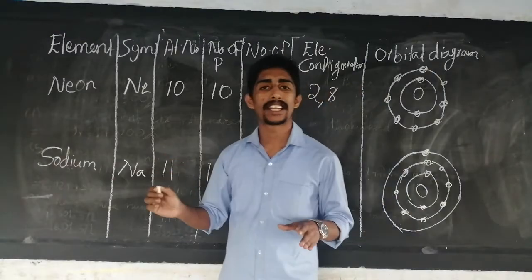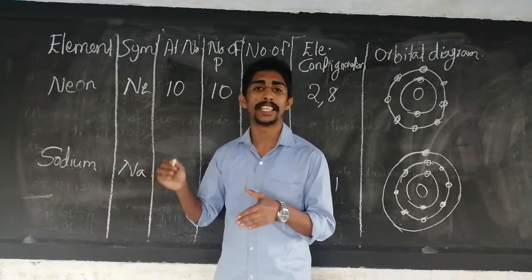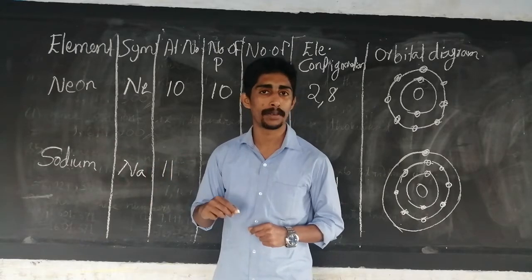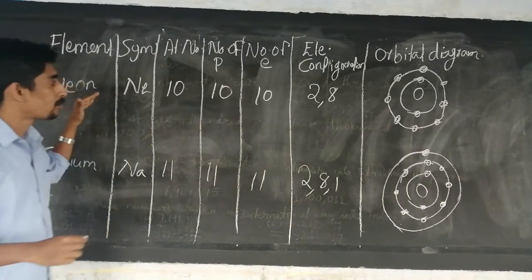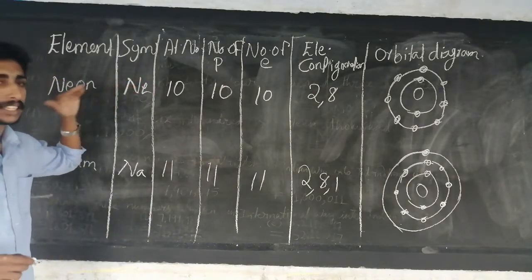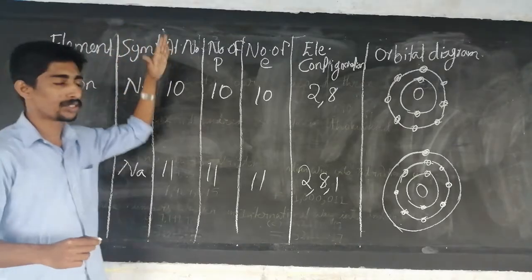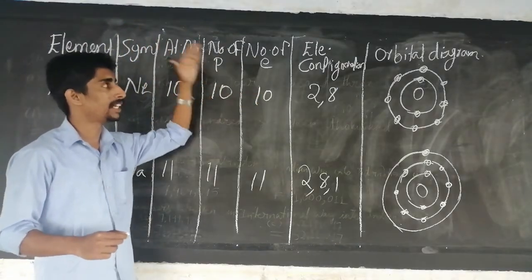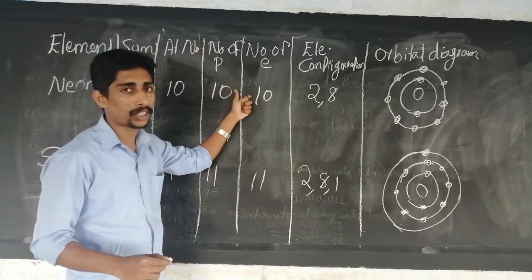Hello. In last class we studied up to neon, how to write the electronic configuration, orbital diagram, etc. Just rewind it. So, what is the atomic number of neon? 10, and its symbol is Ne. So, if the atomic number is 10, the number of protons will be 10, number of electrons will be 10, and the electronic configuration. Total, there are 10 electrons.